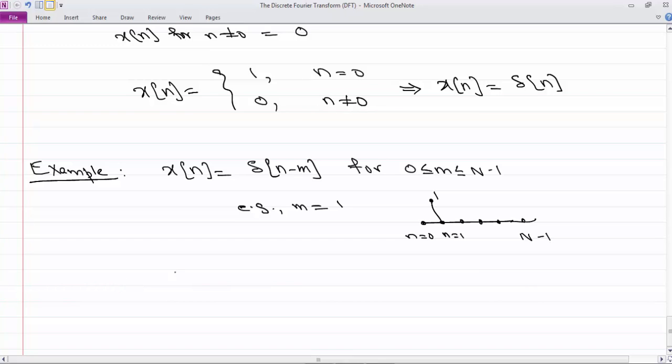Okay? And if you compute the DFT in that case, just like the previous case, it's very trivial. All the terms in the sum will be 0 except 1. Which term will be non-zero? It will be W_N to the km, for 0 less than or equal to k, less than or equal to N minus 1.